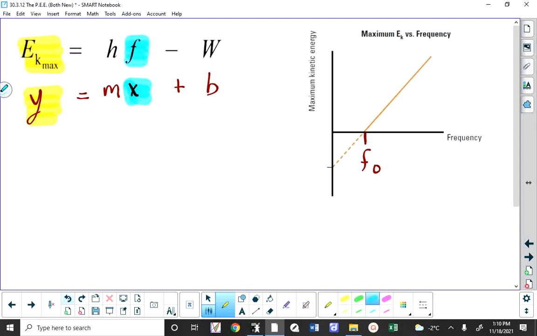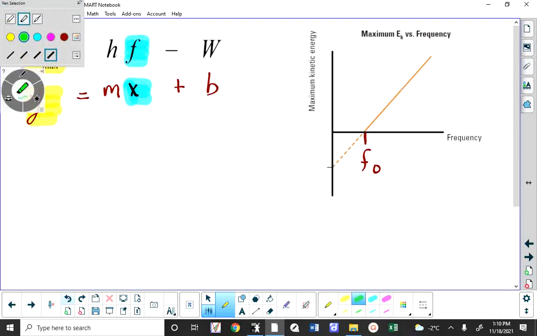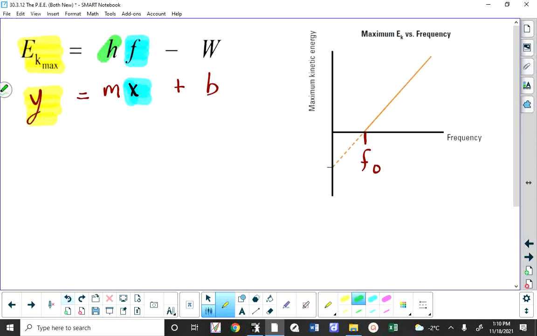So by comparison, what that means is that Planck's constant is the slope. And in fact, I don't know if you remember that, but when we learned about this, this is what the graph looked like the other day. We said, well, Millikan is a curious fellow. He found the slope, and guess what? The slope is equal to Planck's constant. Well, that's why the slope is equal to Planck's constant.